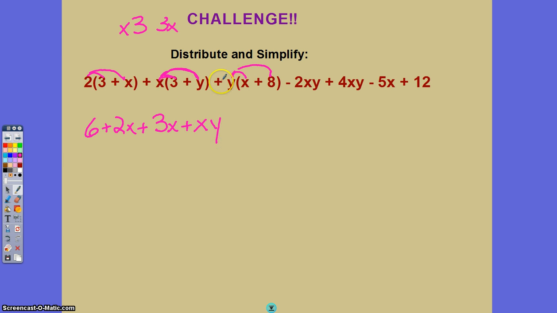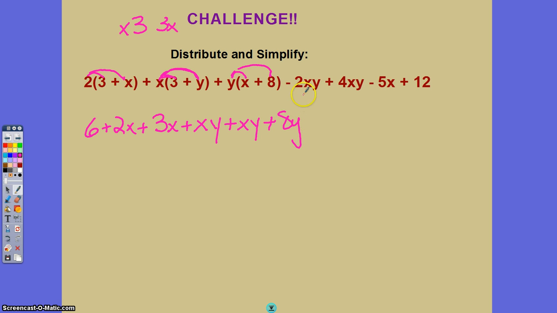xy. Here, the y needs to be multiplied by the x. I don't know the value of either of them, so I'm just going to leave them as their variables right next to each other, but put them in alphabetical order. So a positive xy. Y times 8 is just y8, but let's put the number first and then the variable. So plus 8y.